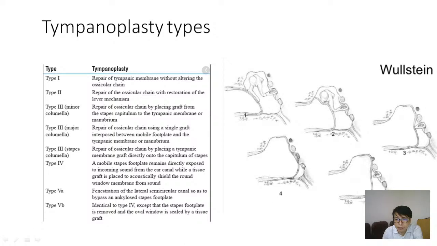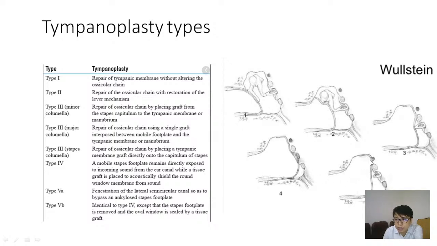So we need to create a phase difference. In type 4, we don't cover the oval window. We let the sound strike the oval window, and to create a phase difference, we put a graft over the round window. Type 5 is where the footplate is fixed. Even if we place a graft over the stapes, it's not going to help in transmission of the sound wave into the inner ear. So we create a fenestration in the lateral semicircular canal and place a graft over it.